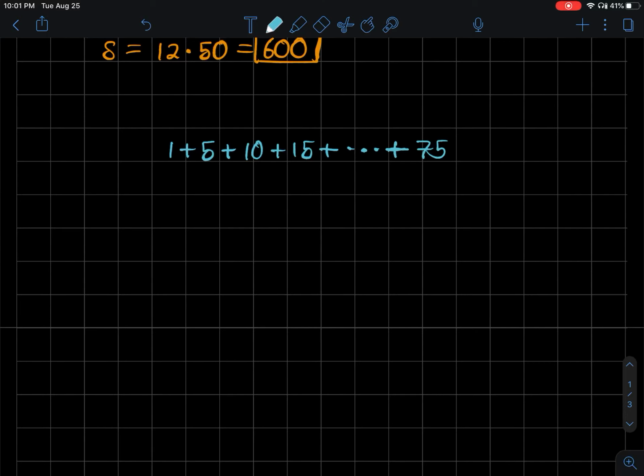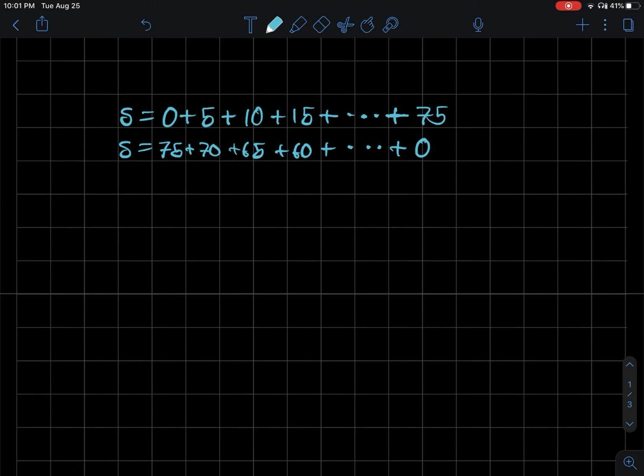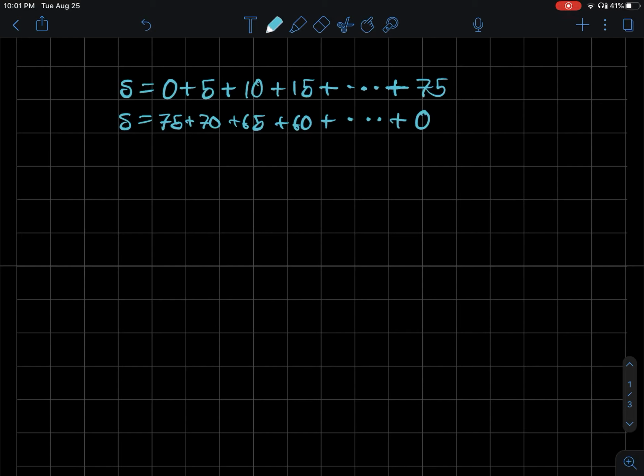Well, I'm just going to use the same trick as I did before. I'm going to reverse the series, and I'll get 75 plus 70 plus 65 plus 60, and that will go all the way down to, oh, oops, actually, I should have started with 0 here, because that's what would make it an arithmetic sequence. Okay, now it makes sense.